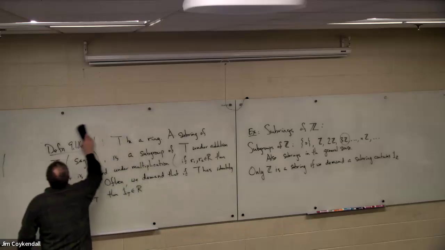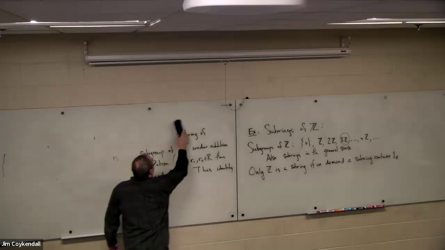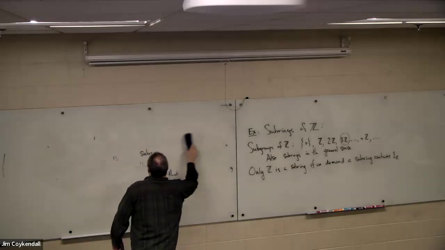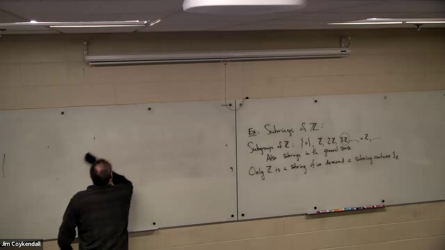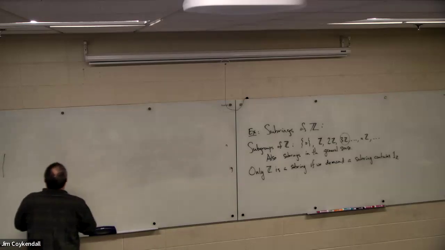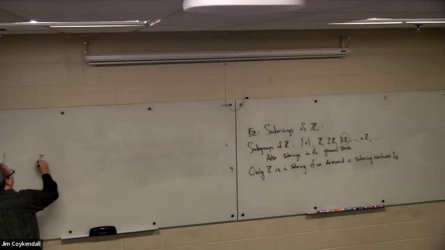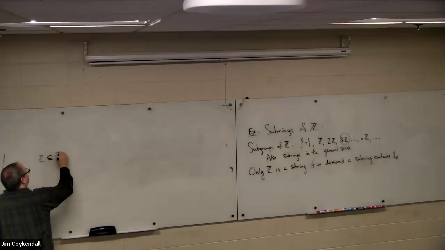Here are some other examples. There's lots of rings that Z is a subring of. I'm going to use a symbol here.